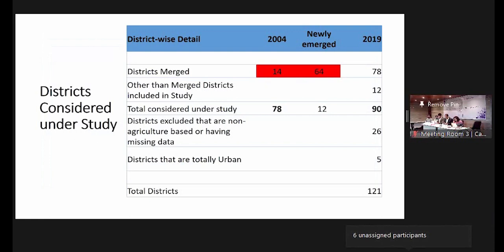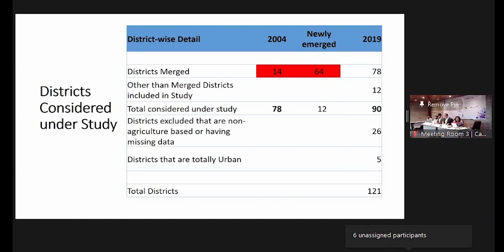Since this is a regional level analysis, districts are the regions that we consider here. Out of 121 districts that we have so far, we'll be considering 78 districts according to the 2004 count.